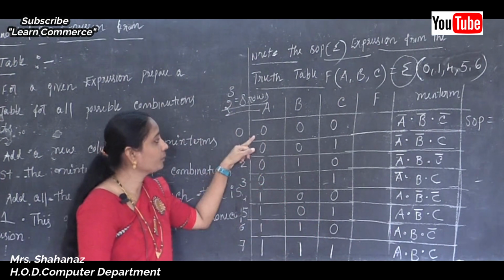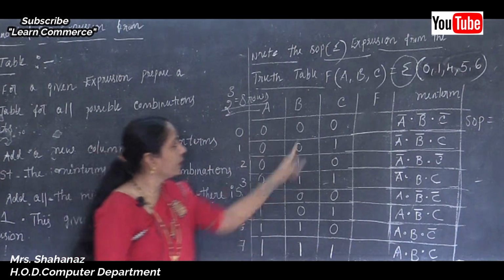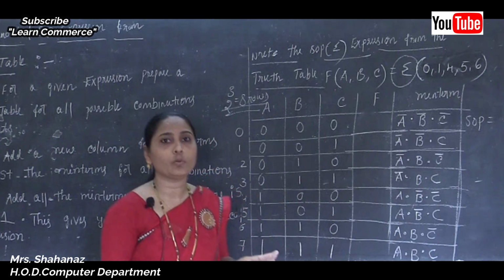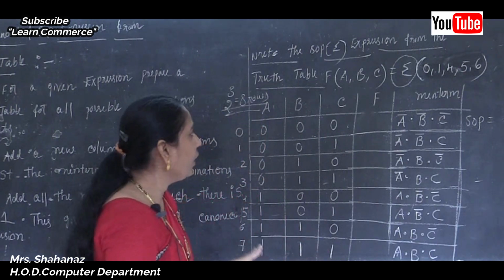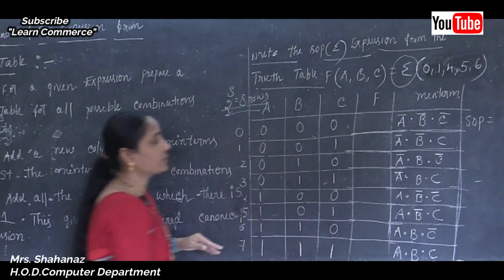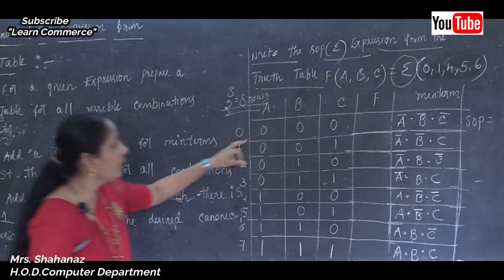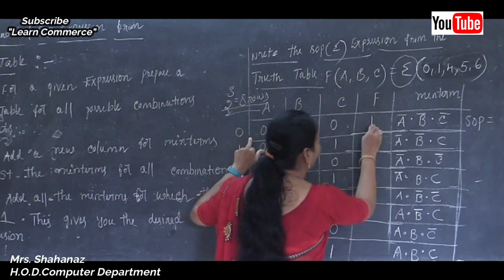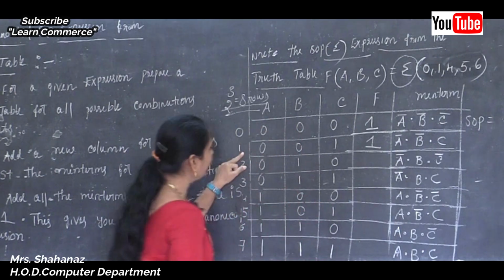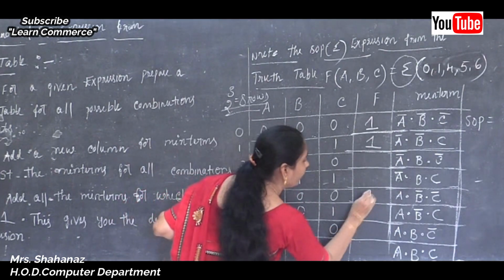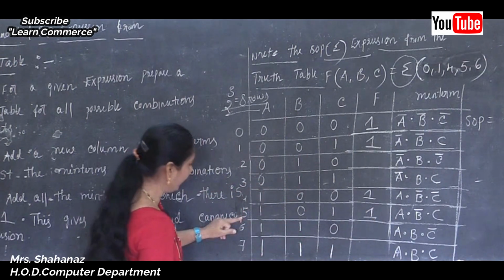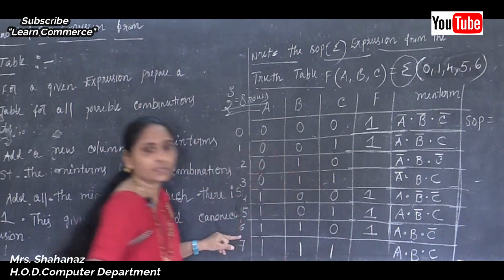In the first column, 4 zeros and 4 ones; in the second column, 2 zeros and 2 ones, repeated; in the third column, 0 1 0 1 0 1 0 1. Correct. Now I am going to take the value as 1 in place of 0, in place of 1, in place of 4, in place of 5, and in place of 6 the value is 1.